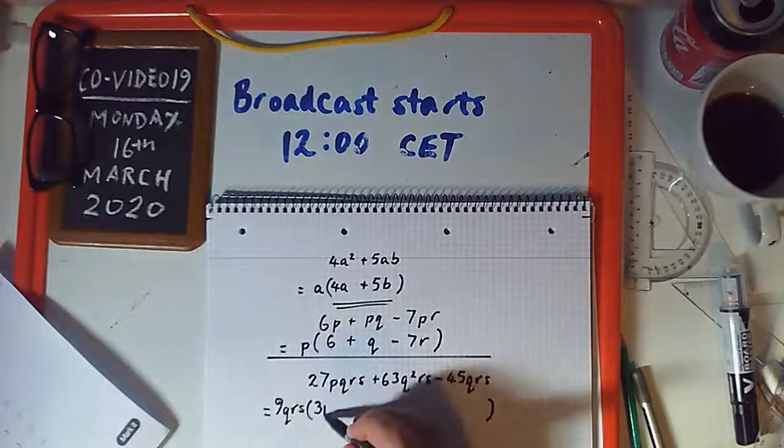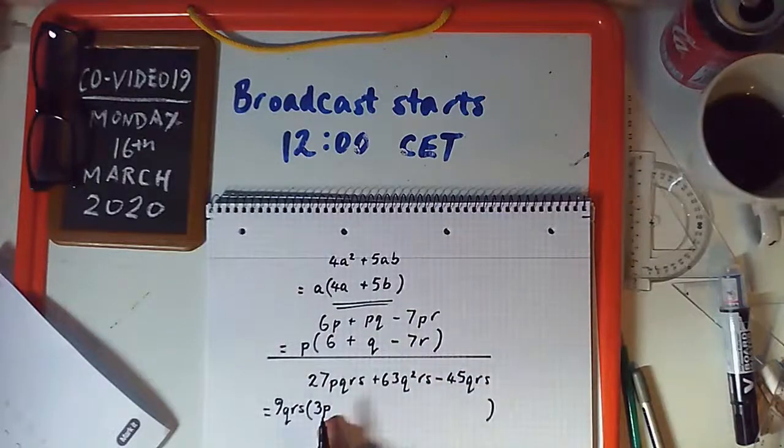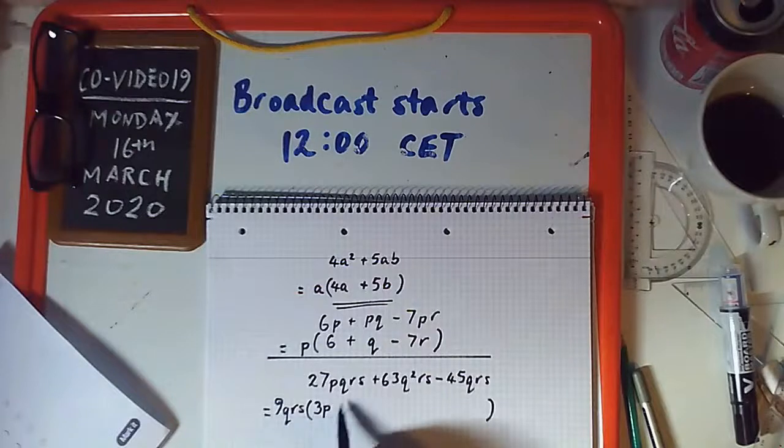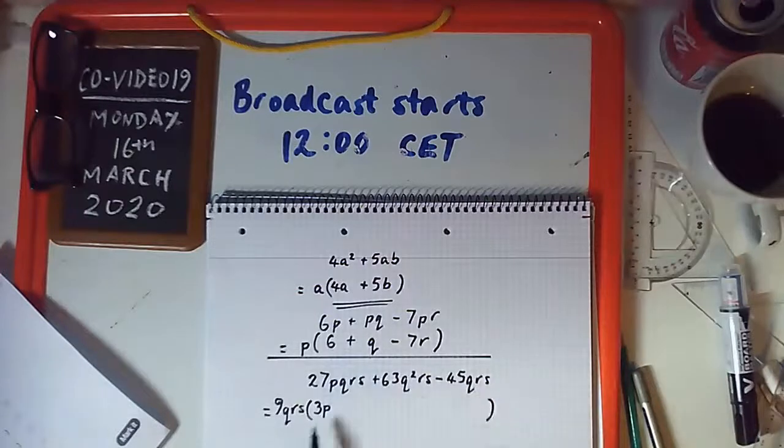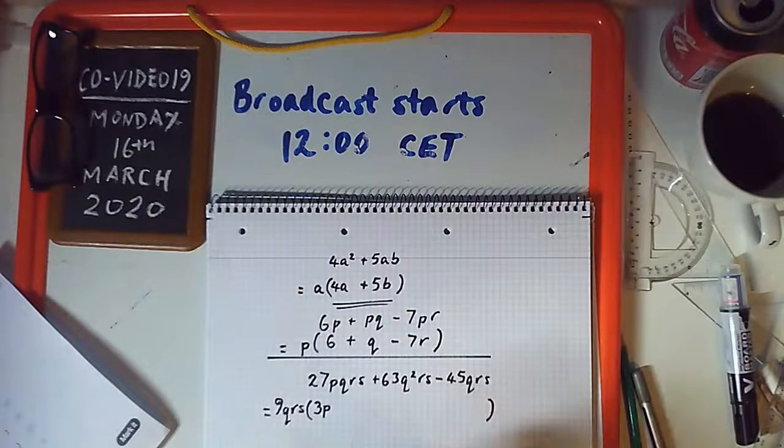I need to multiply it by P so that I get the P. I don't need to multiply it by Q or R or S, because I'm already multiplying the 9 by QRS to get the QRS. So 9QRS times 3P gives you 27PQRS. So that's the first term.